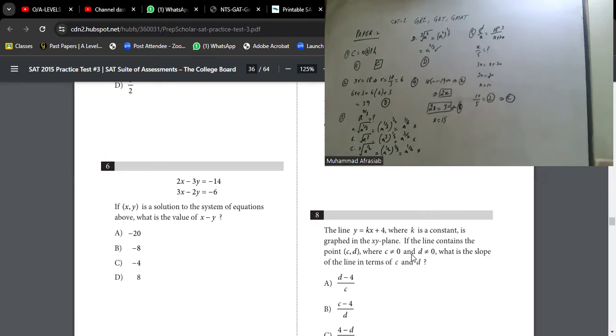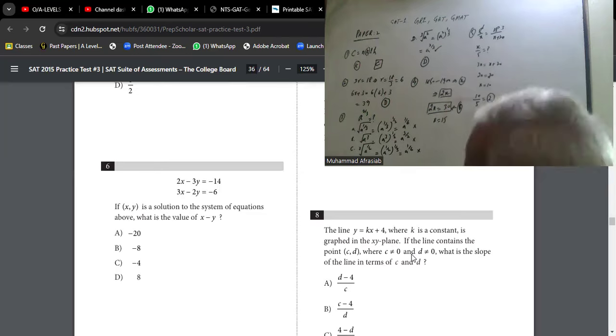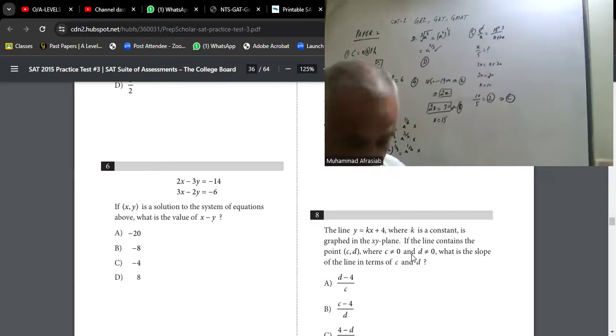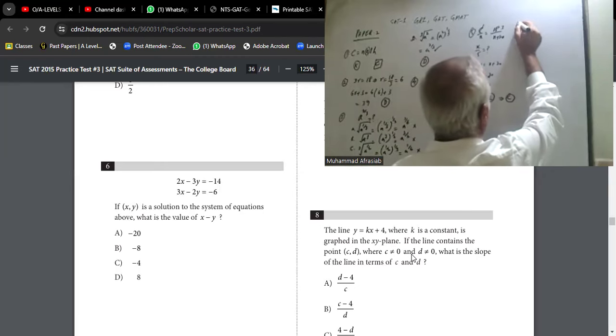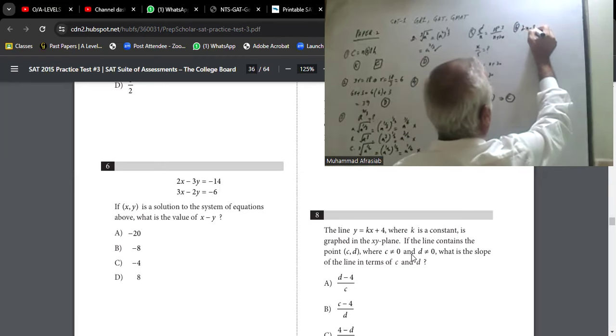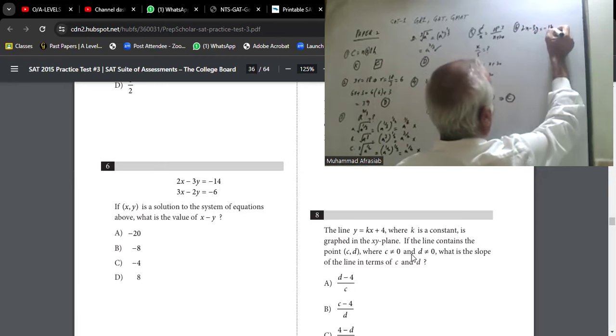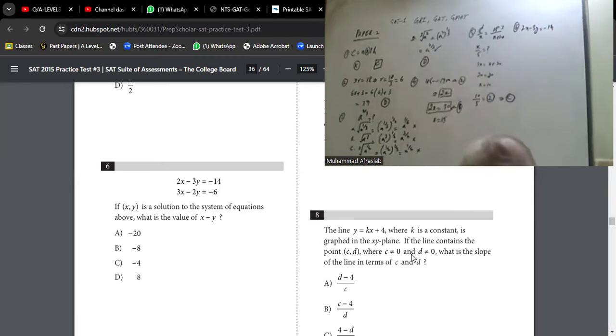So 2x minus 3y is equal to minus 14. The other equation is 3x minus 2y is equal to minus 6.